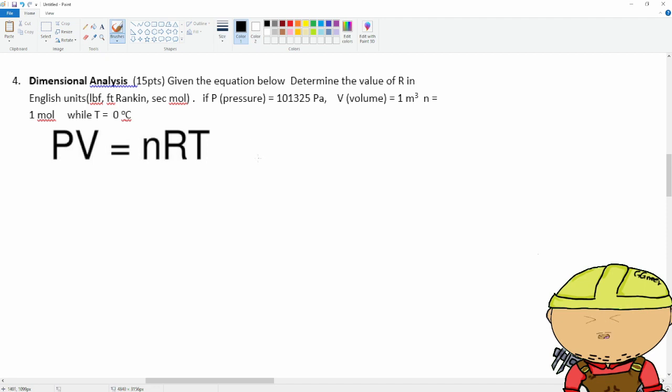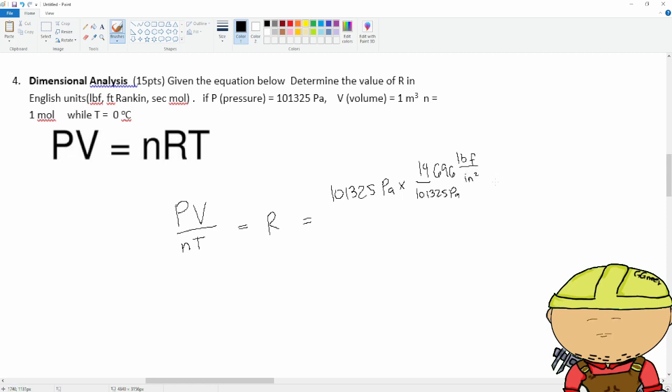Given the equation below, determine the value of R. So remember, PV = nRT, or dimensional analysis, we just want to get the value of PV over nT equal to R. And what is P? Pressure, 101,325 Pascal. I'm going to convert that into English units: 101,325 Pascal is 14.696 pound force per square inch.